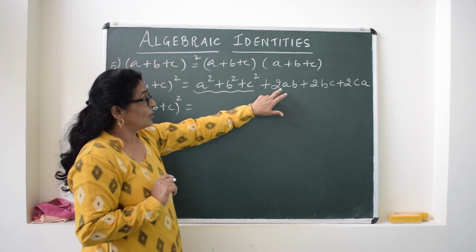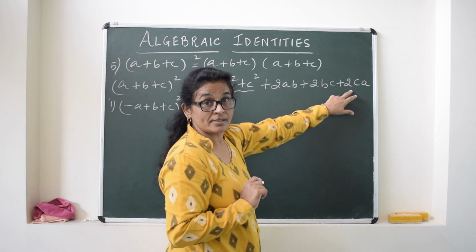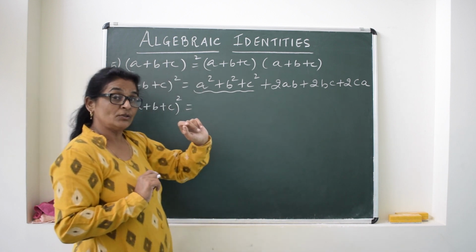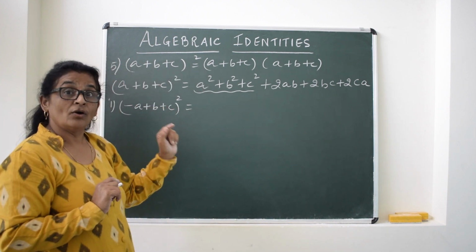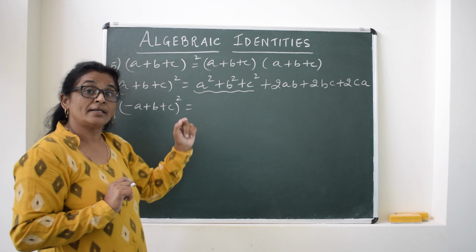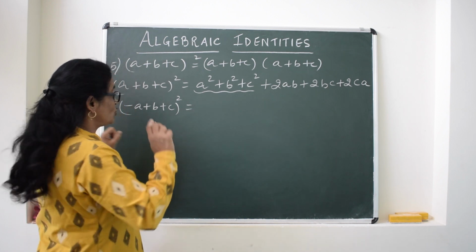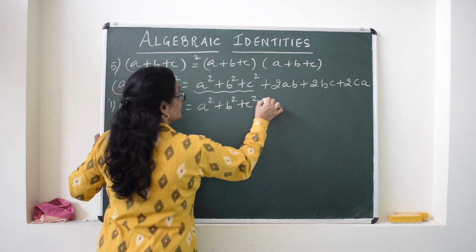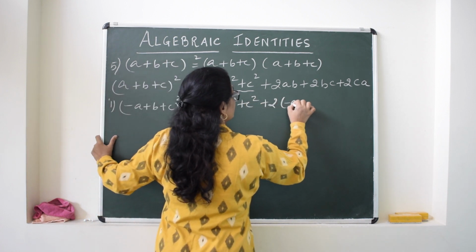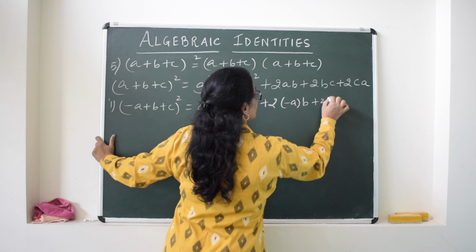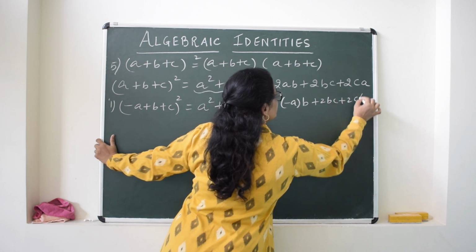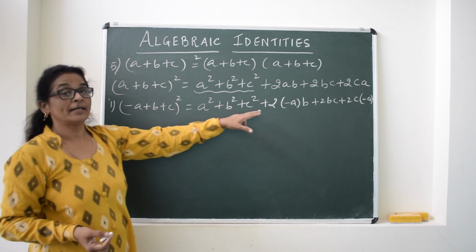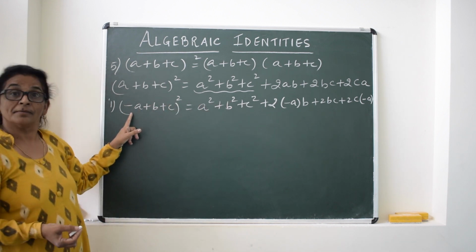So where a is falling? Here and here in the last terms. So those two terms will be negative. Either you write it directly negative or you substitute minus a in place of a. So both the ways I am giving you. Either you write it like this, means in place of a you write minus a, because here this is minus a.